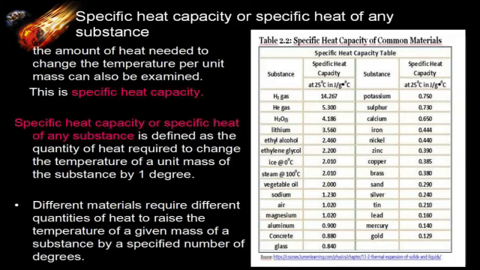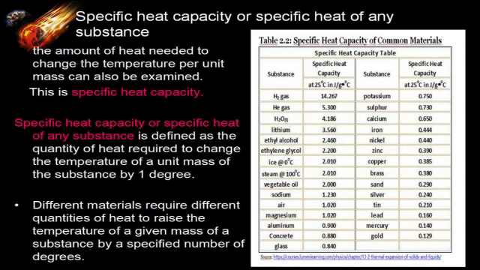The specific heat capacity or specific heat of any substance is defined as the quantity of heat required to change the temperature of a unit mass of the substance by 1 degree. Different materials require different quantities of heat to raise the temperature of a given mass of a substance by a specified number of degrees. In short, different materials absorb energy in different amounts.